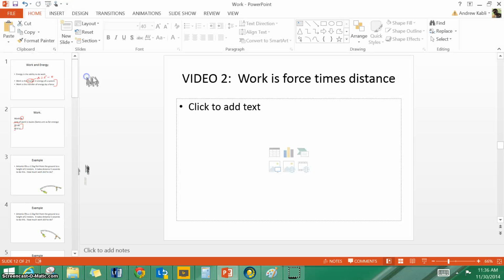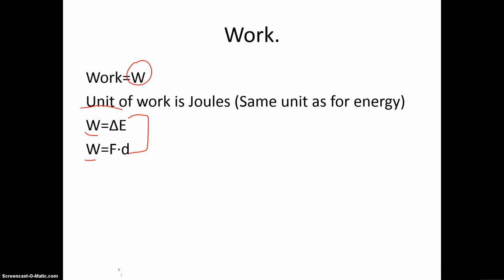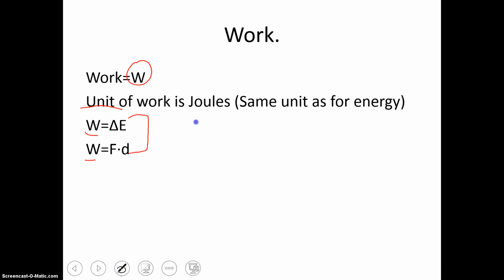The first thing I just want to bring up again is that there were 2 different formulas for work, and one of them was work equals change in energy, and the other one was work equals force times distance. Previous examples were using this formula, and so were the 4 practice problems, work equals change in energy. So we're going to do some examples with work equals force times distance.